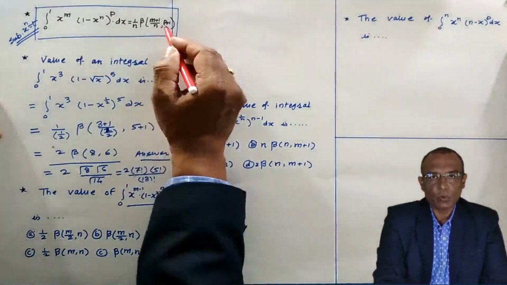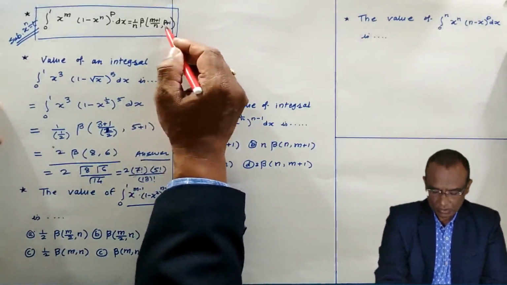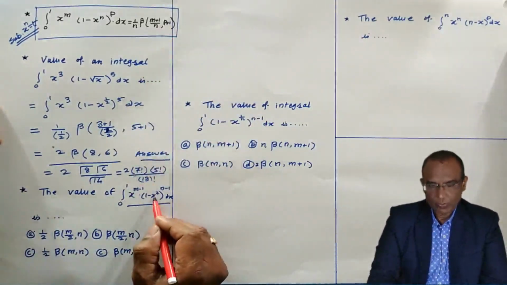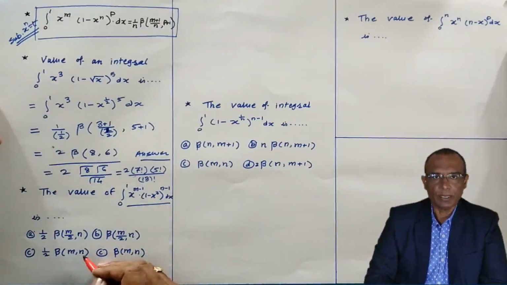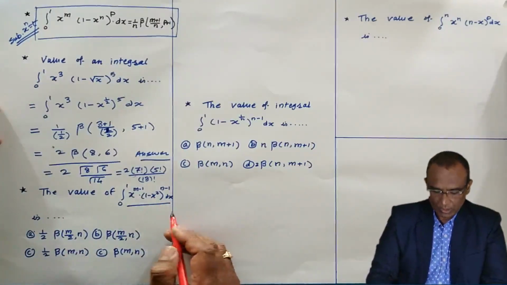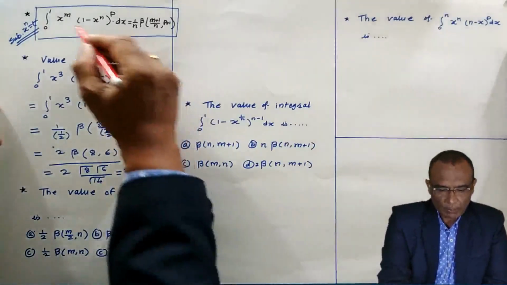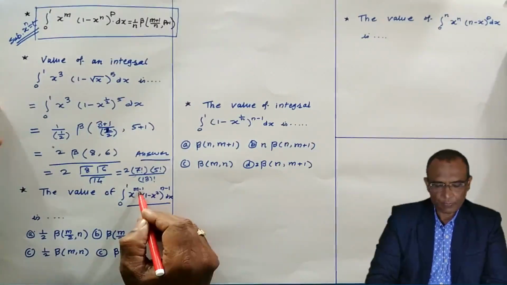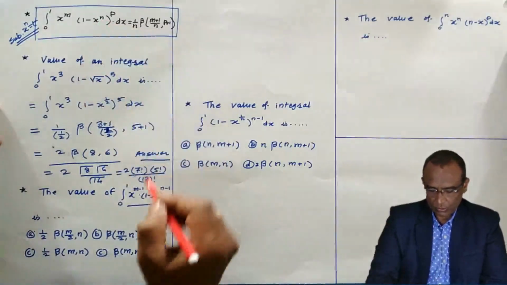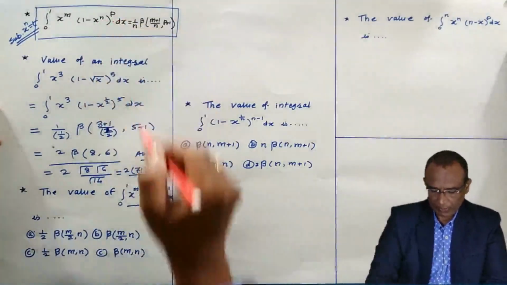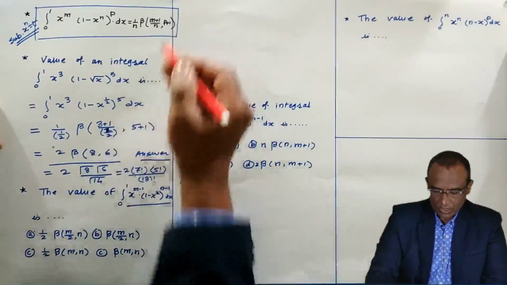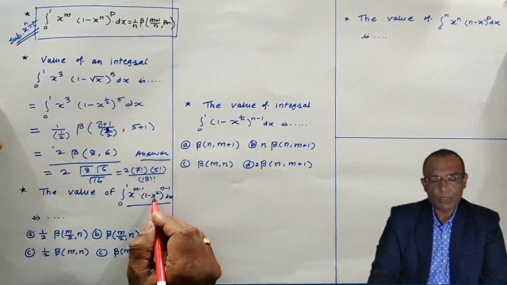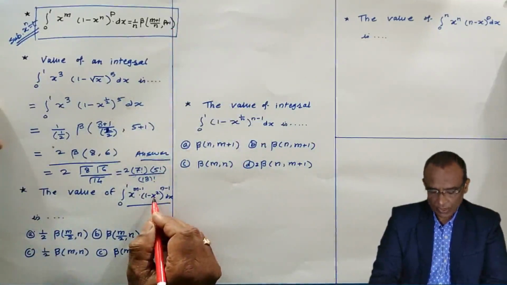So you can use this formula directly, or substitute x square equal to t and try to get it. There are 2 ways to do it. Put the values of m, n equal to 2, and p equal to n minus 1 here and get the answer, or substitute x square equal to t. Why do we put x square equal to t?